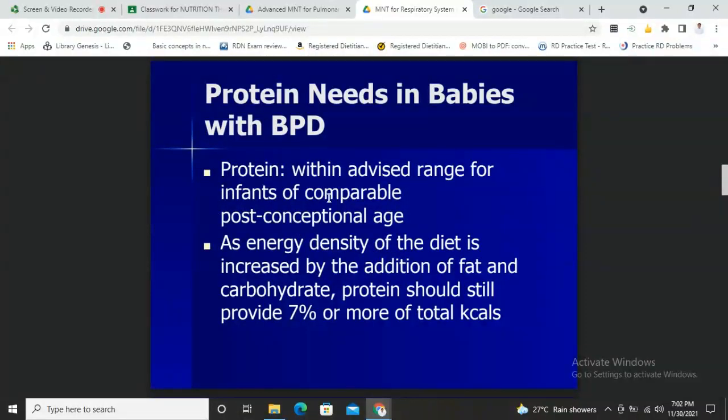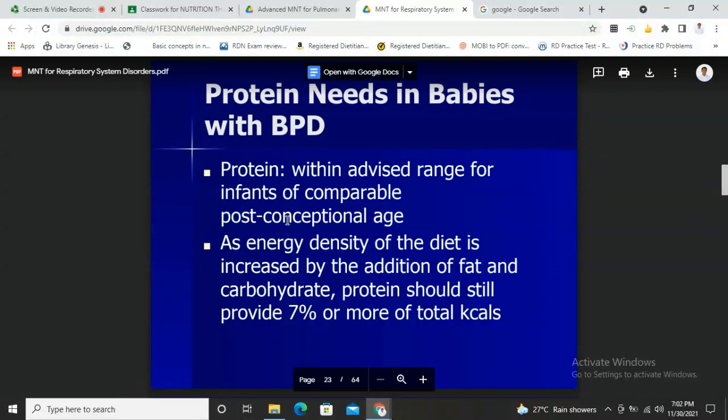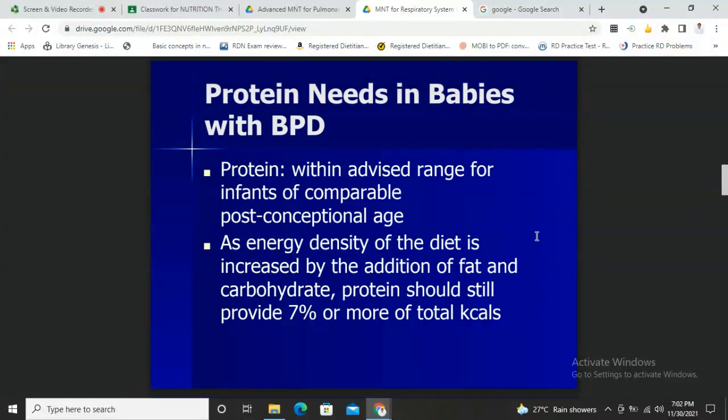What about the proteins within advised range for infants of comparable post-conceptional age? Okay, proteins are not necessarily or should not necessarily be high, no. Yeah, what I mean is that dili kayo siya nga taas gid kaayo.